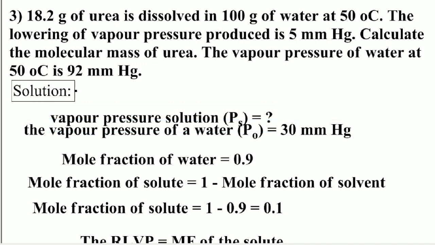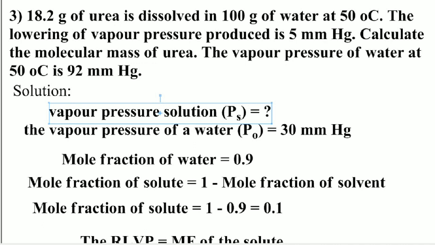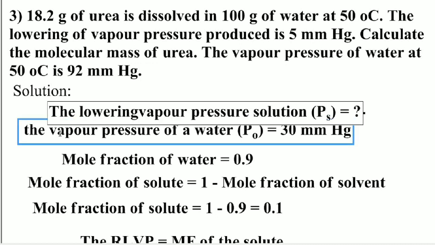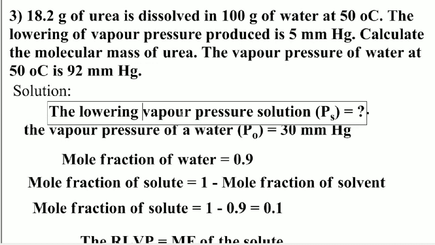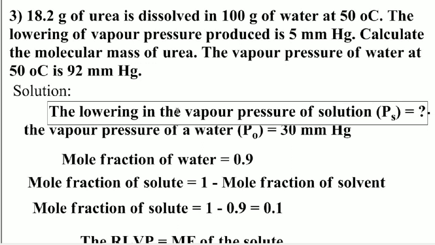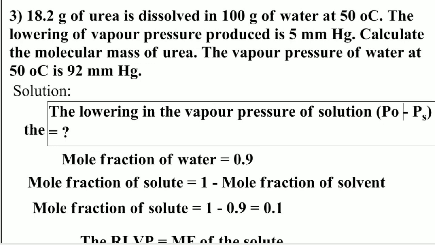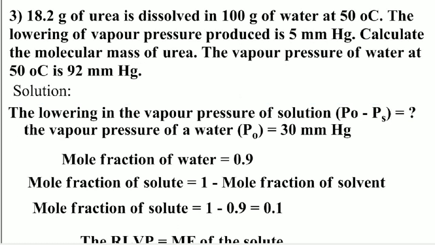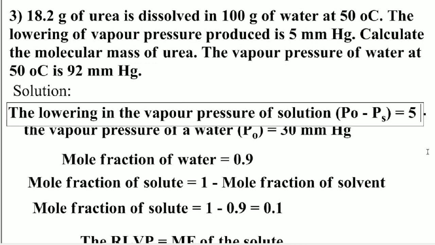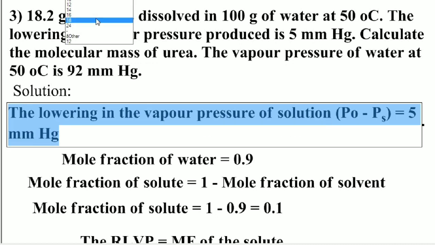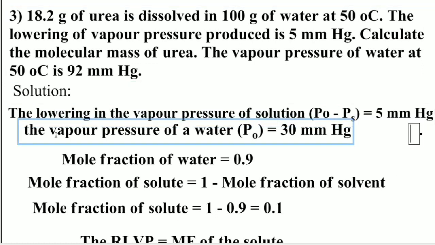So students, first we can write the given data. The lowering in the vapor pressure of solution, that is P naught minus Ps, is given as 5 mmHg.